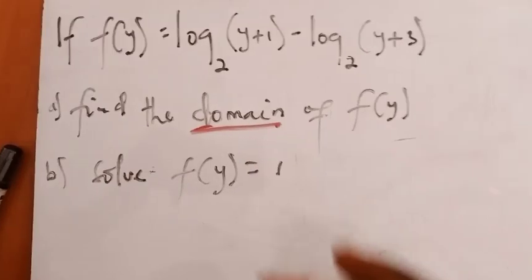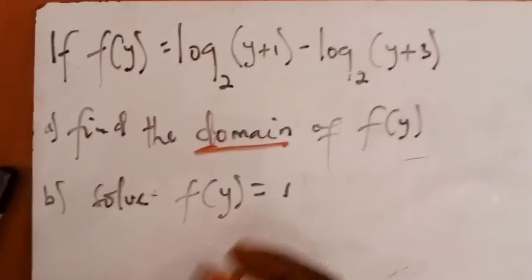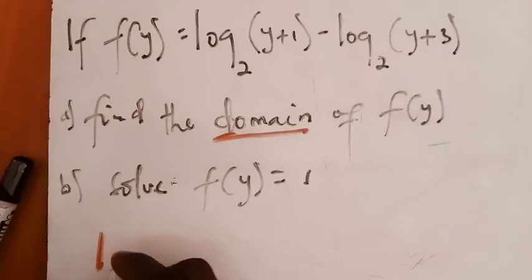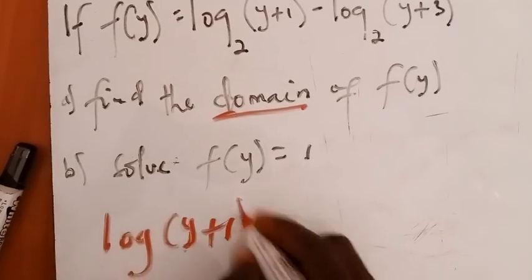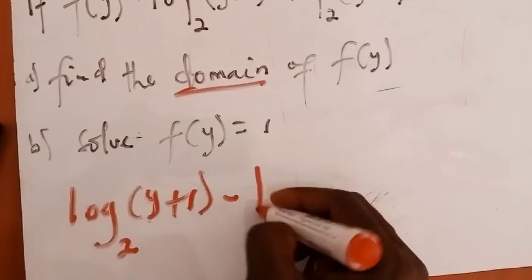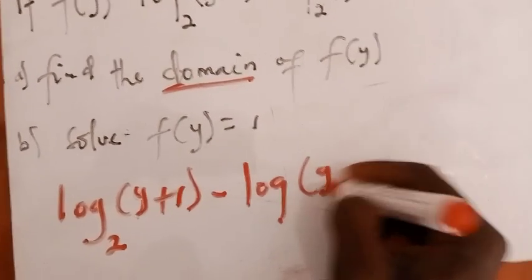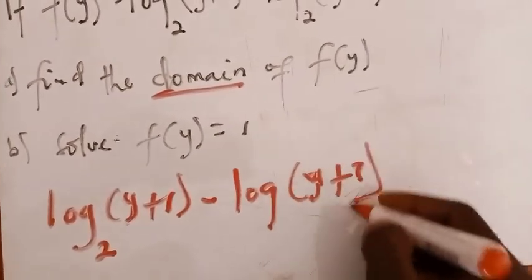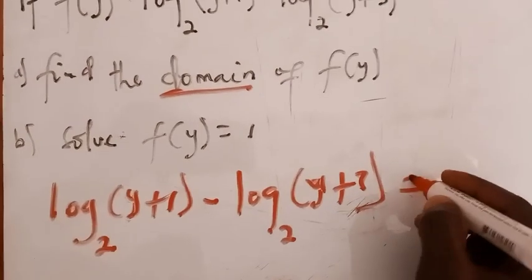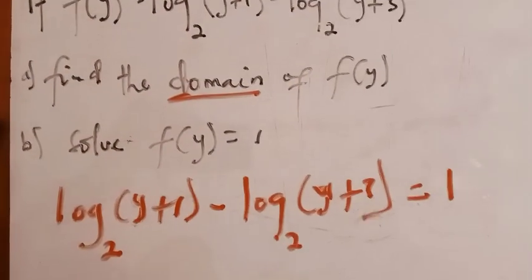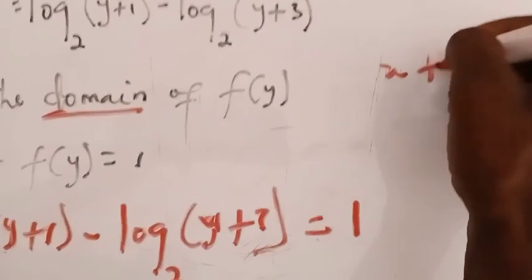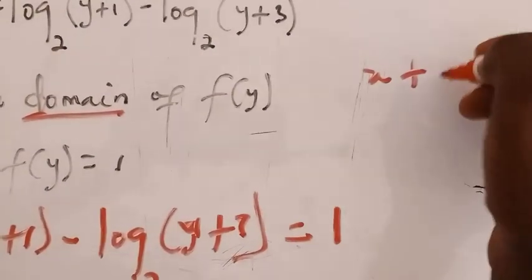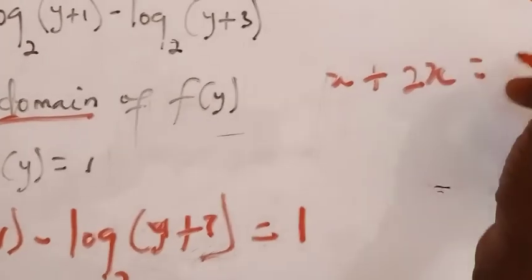So let's have this logarithm on the right hand side: log base 2 of y plus 1 minus log base 2 of y plus 3, everything is equal to 1. Is that okay? This is similar to saying, let's say, 2x equal to 1, right?